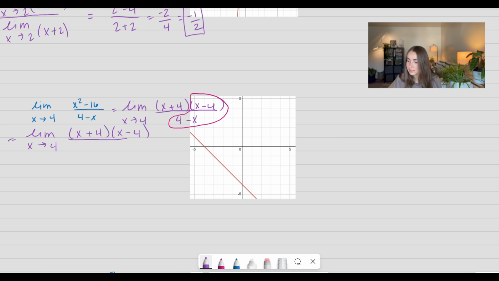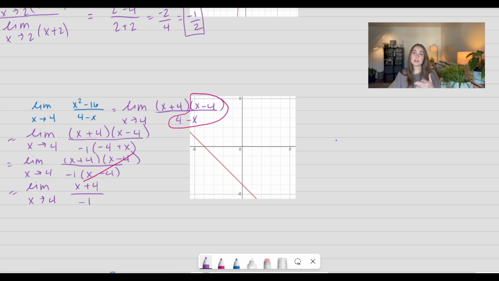But in the denominator I'm going to pull out a negative 1. That 4 becomes negative, and that x becomes positive. If I rewrite that, having the positive value come first, now I can see that these values divide out. So now we can apply the quotient rule.